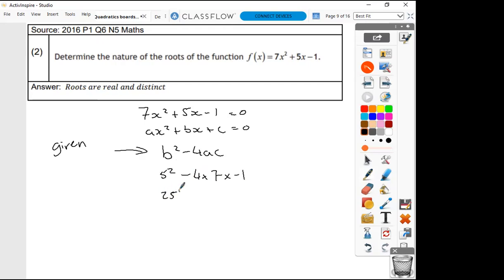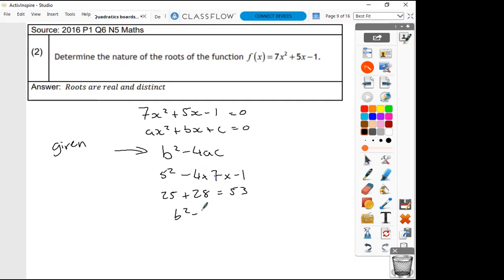So 25, and just watch out for these signs, because there's a negative there and a negative there. Negative 4 times negative 1 is positive. 4 times 7 is 28, so it's plus 28, which gives us 53.